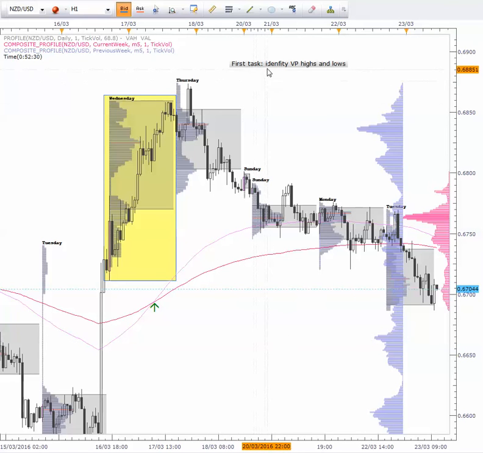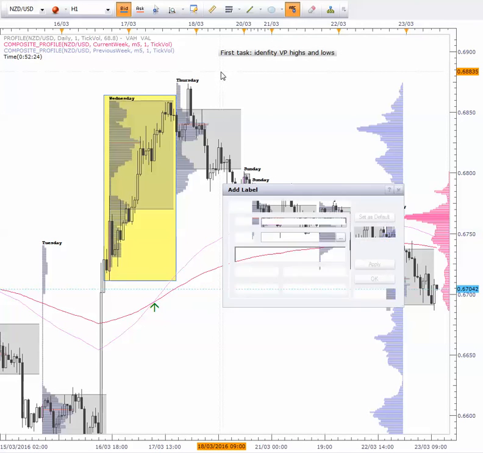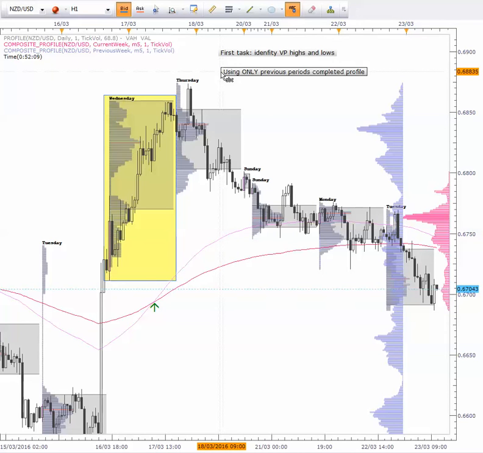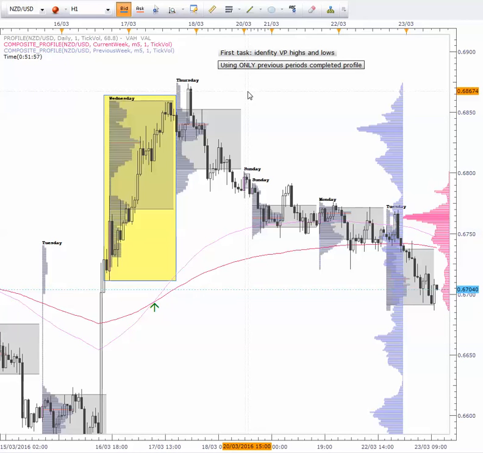So identify first, identify volume profile highs and lows using only previous period's completed profile. Right? I'm not going to be using the developing profile. The developing profile has limited information.